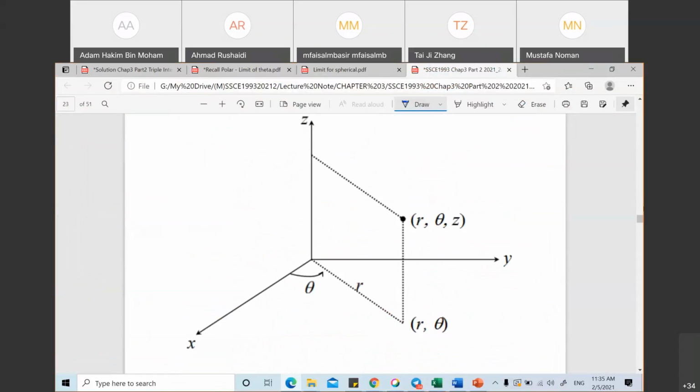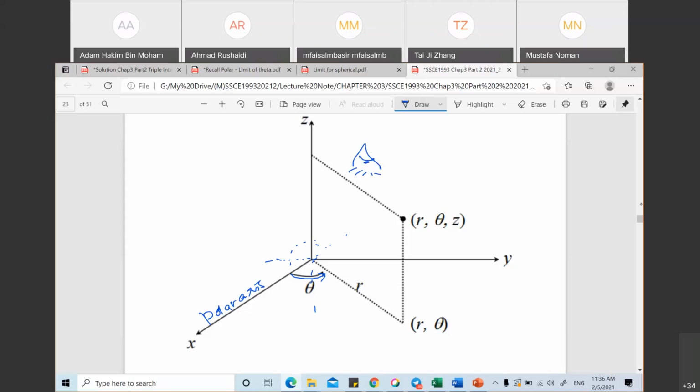Same as before. This is your positive x, this is your negative x, this is negative y, and this is negative z. So your theta should start from the positive x-axis, which is the polar axis. Just positive here, negative is here, because for r theta it is 2D, if you look from above.